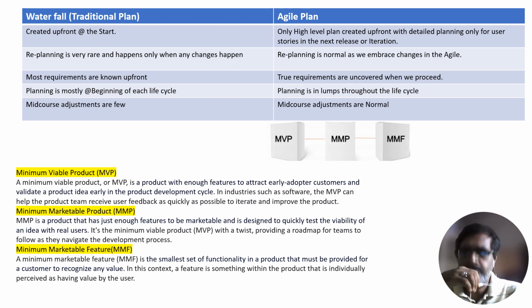All the product features are not needed to get such feedback. Hence, the minimum viable product, MVP, is only a subset of the total product features that are needed for selling the product. The final product release will have a greater number of features than the MVP.